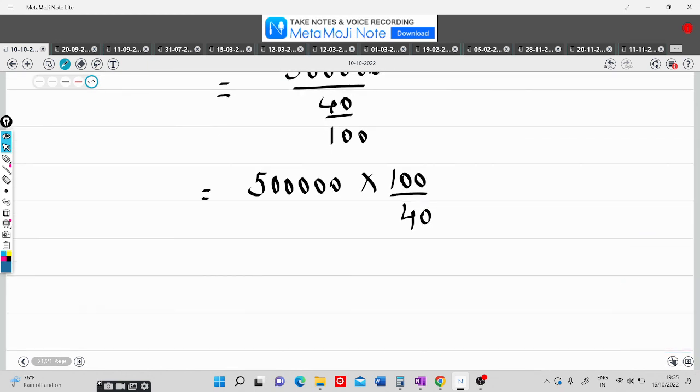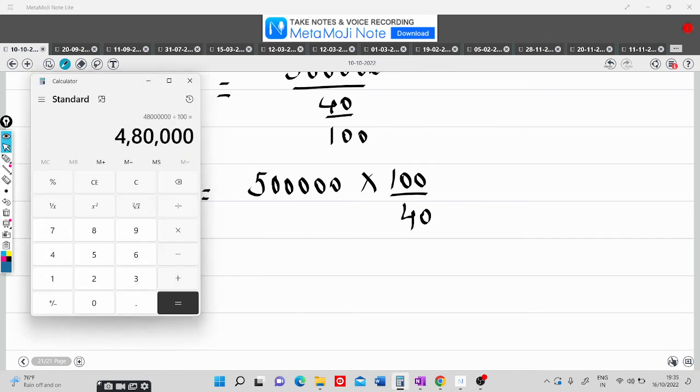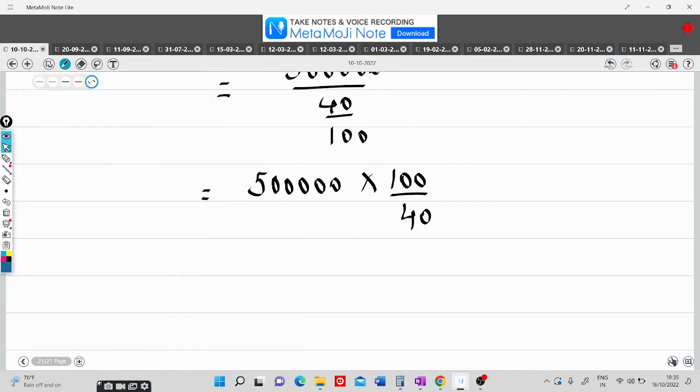Now solving this, we will calculate 5 lakhs into 100 divided by 40. It is 12 lakhs 50,000 rupees. So if we desire a profit of 2 lakh, the sales should be 12 lakh 50,000.